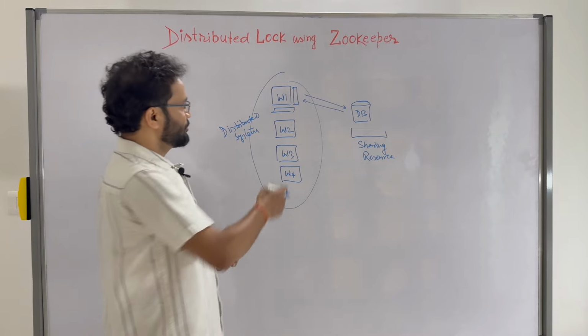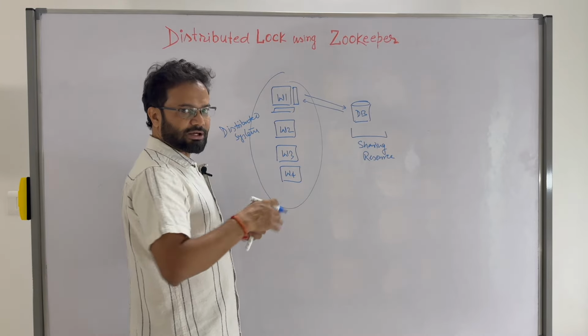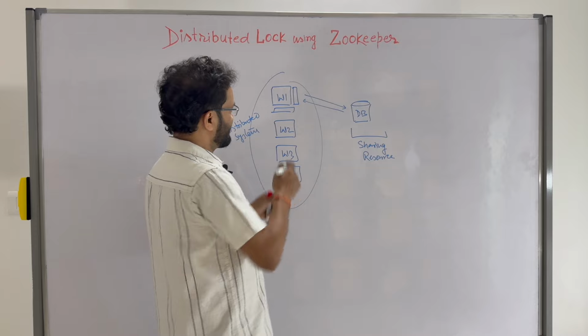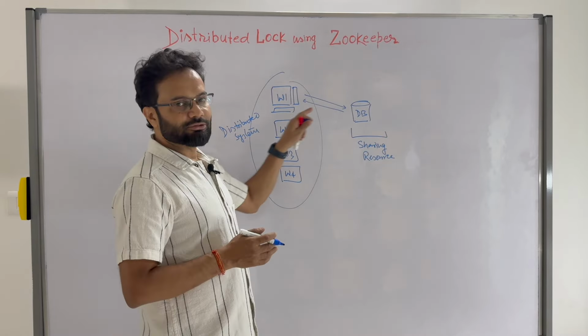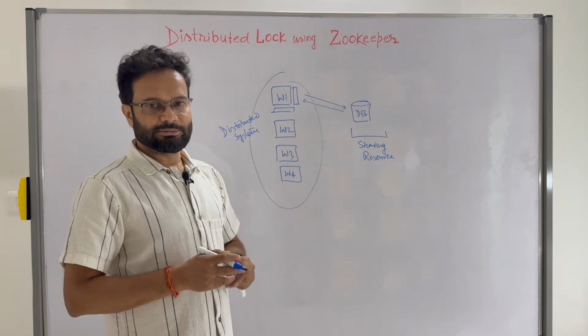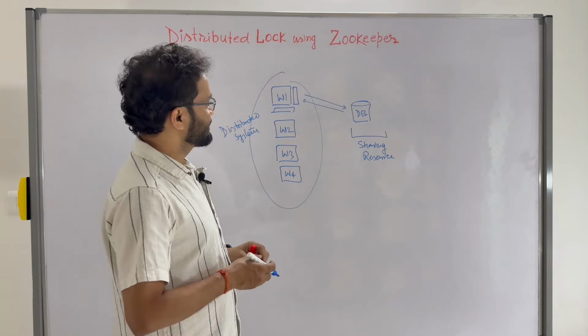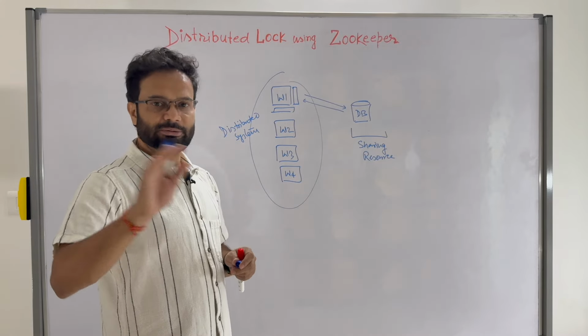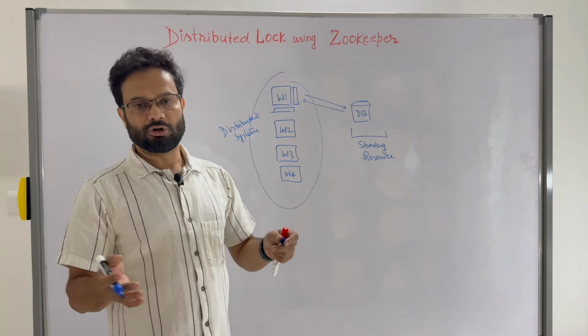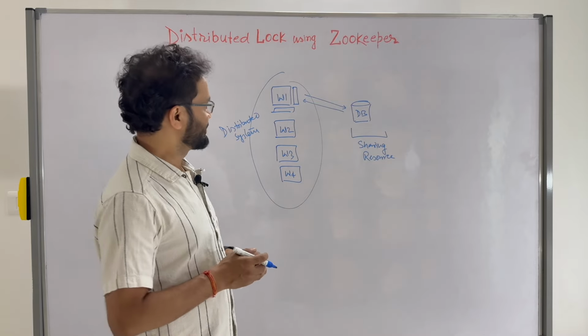Suppose you finish the tasks that you shared among the worker nodes. After completion of the job, one worker node should go and update the system that the job has been completed, right? Or one node is responsible to send an email to the management that this job batch has been completed, right?